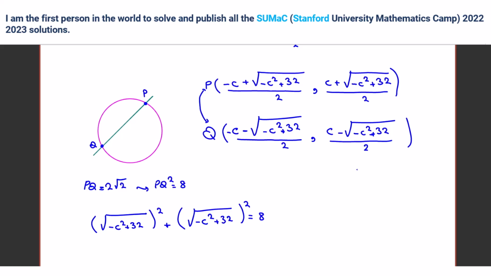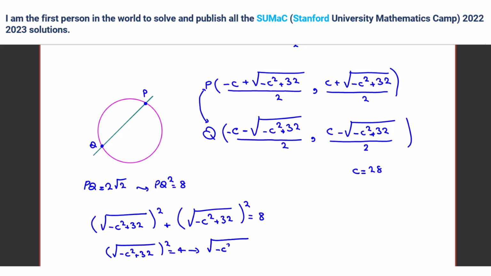You said c is what? C is 32. Wait, no. C is 28. My bad. C is 28. Yeah. Okay, let's check. Here, we can conclude that negative c squared plus 32, whole squared, is 4.